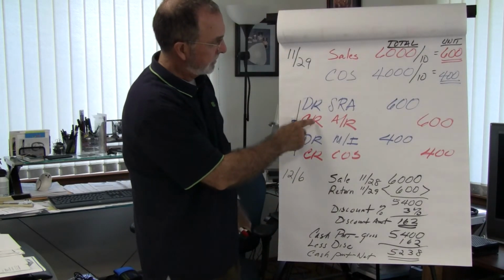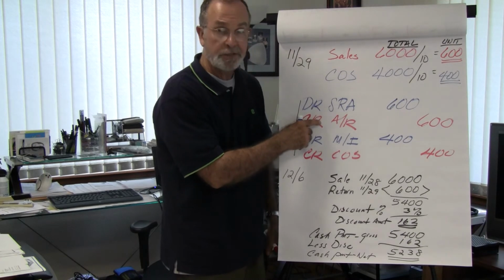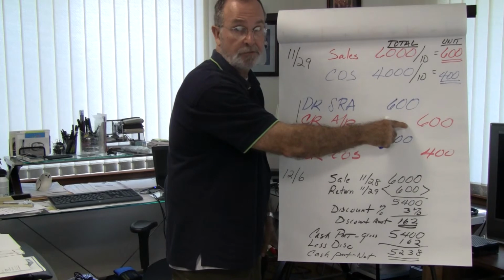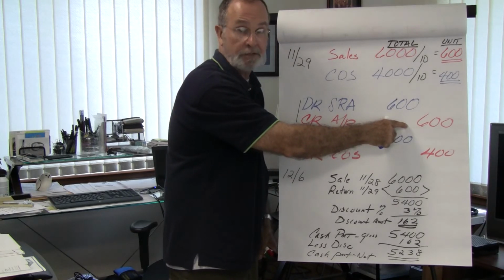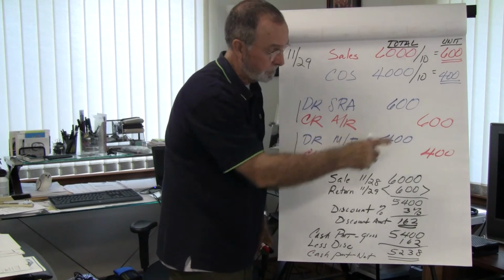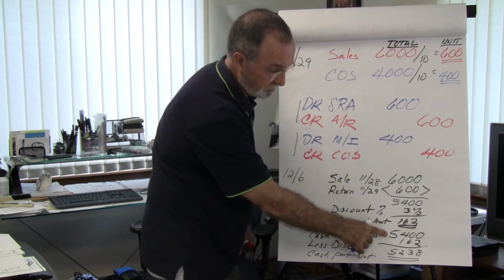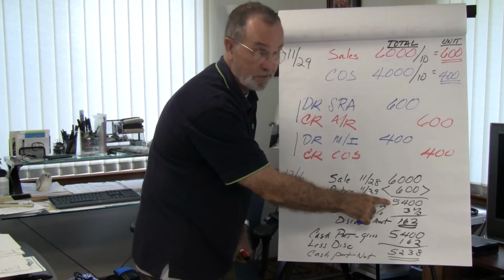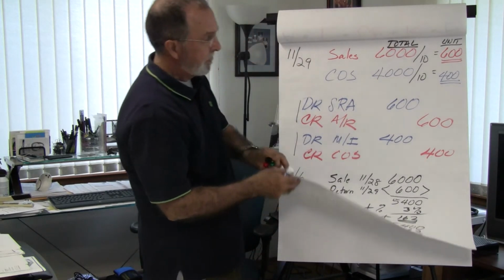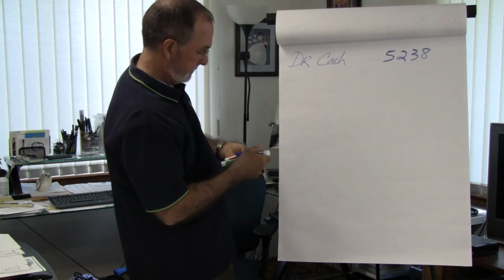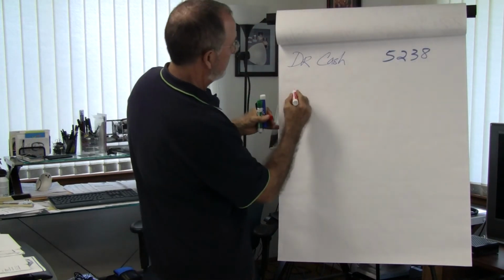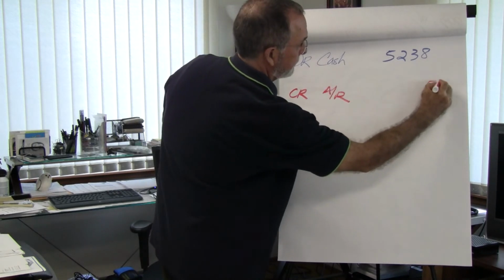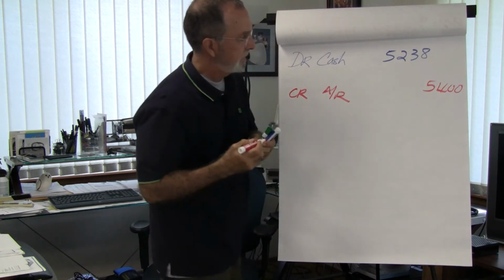And then when we recorded the entry for the return a day later, we credited accounts receivable for $600. We gave the customer full credit for that one item returned. And so the amount that they show as owing to us before the discount is $5,400. And so that's the amount we need to credit on this journal entry. Credit to accounts receivable of the full $5,400.